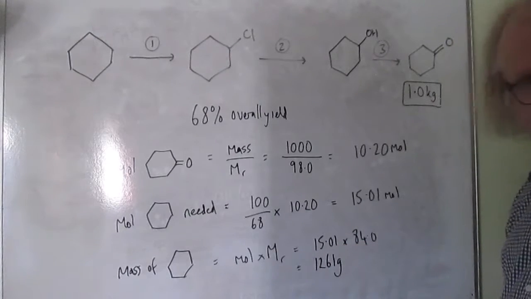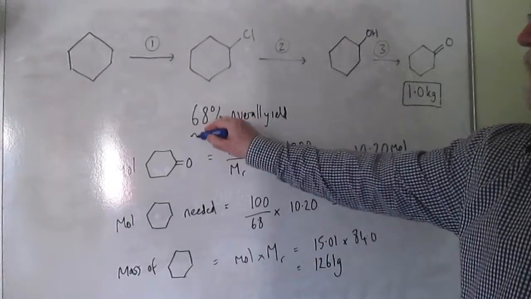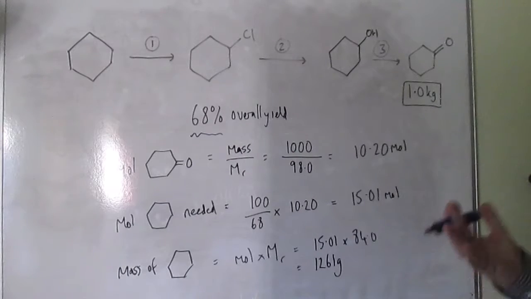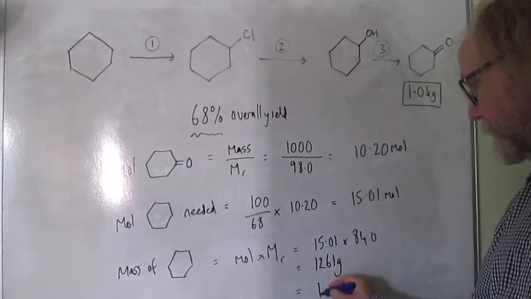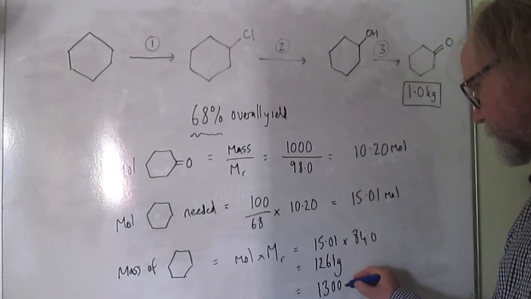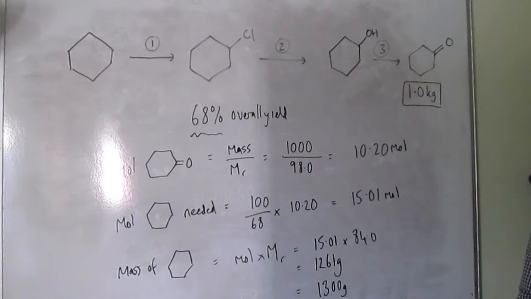But you have to read the question carefully. It says give your answer to 2 significant figures, and you can see why it says that, because the percentage yield was only 2 significant figures, so those are the only meaningful ones. So that needs to round to 1,300 grams. And that would be the correct answer.